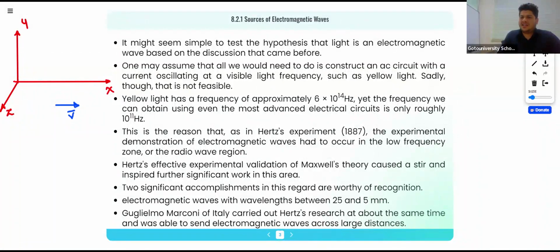Let us consider that in the y-axis there will be an electric field like this.